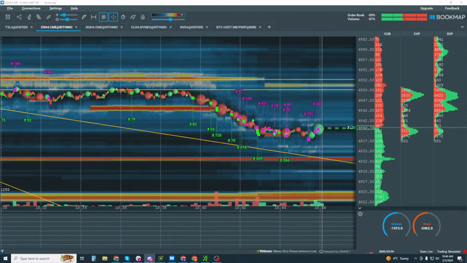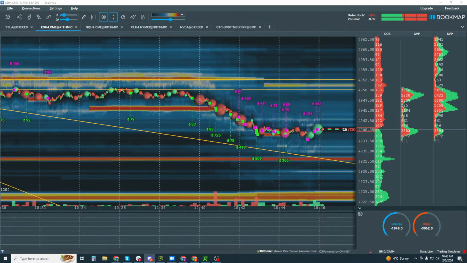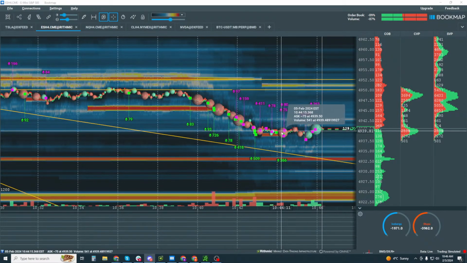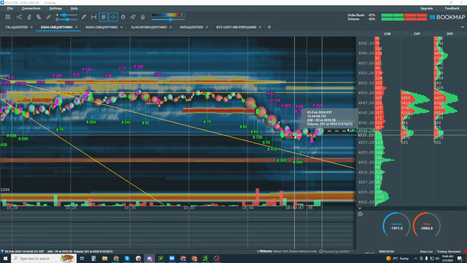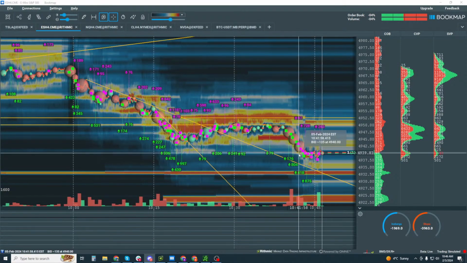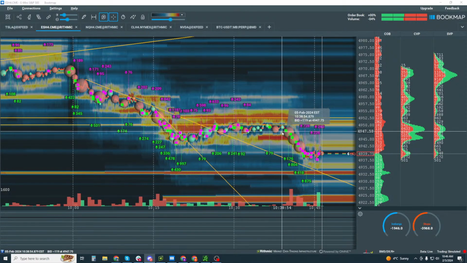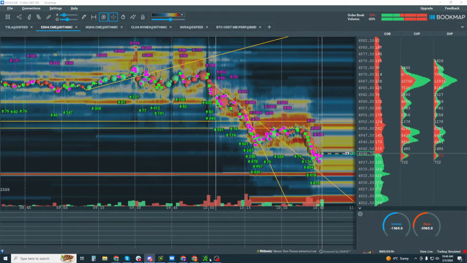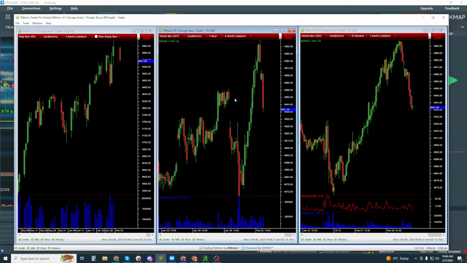All right, let me go back to the comments here. Using absorption, if you're at some pretty extreme levels in here, the way that I like to use it is to reduce some risk at your levels. Like this was a good example right here for me, coming down into here and taking some off, because I'm assuming there's going to be some other traders taking some profit down here as well, and I start to see a lot of absorption down here.